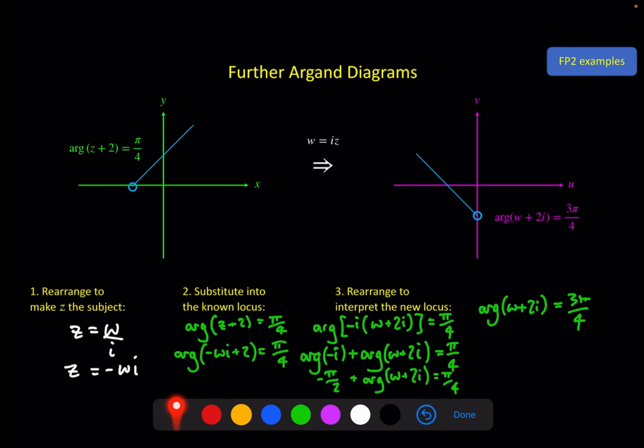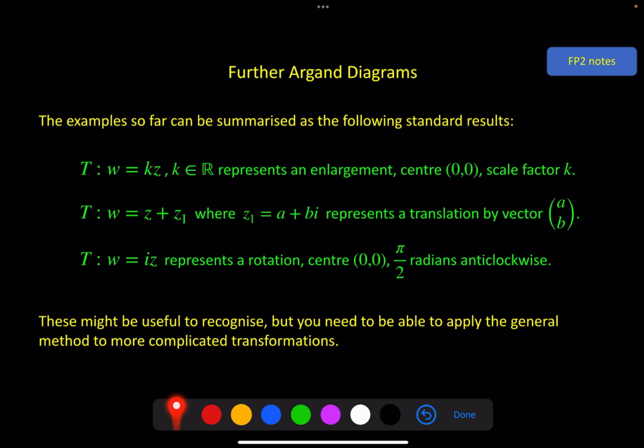And you might be able to see what has happened here. This is a rotation from here to here, about the point 0, 0, 90 degrees or pi by 2 radians anti-clockwise. And that gives you three standard results. We've had an enlargement, scale factor k, with kz where k was a real number.